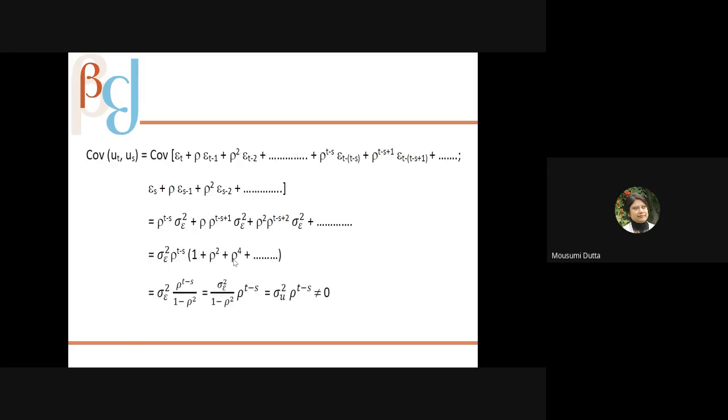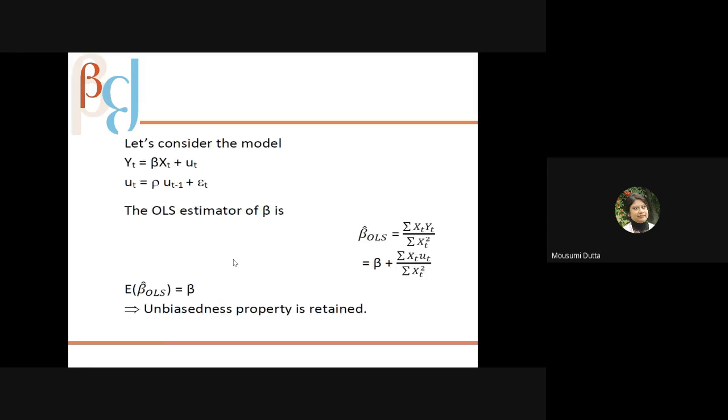But the standard practice is, when we are considering these errors, instead of writing it as t minus s, I write a single time component, rho to the power s when s is not equal to 0. Really, you could consider it as s minus t as well. So some power of rho is there. This is the idea.